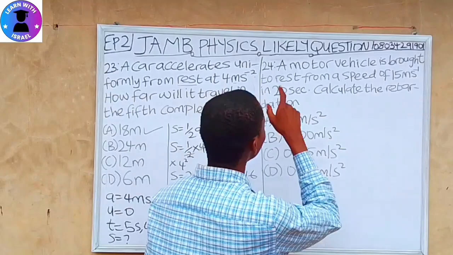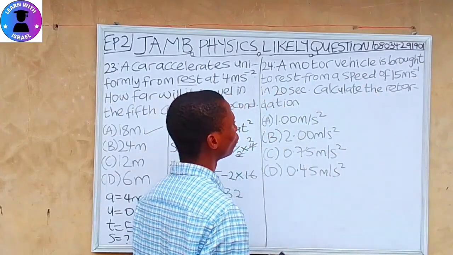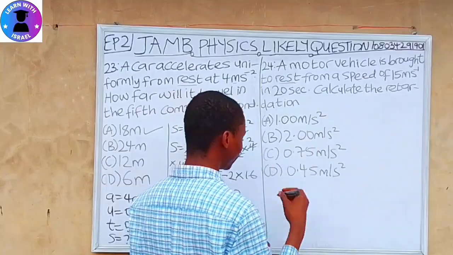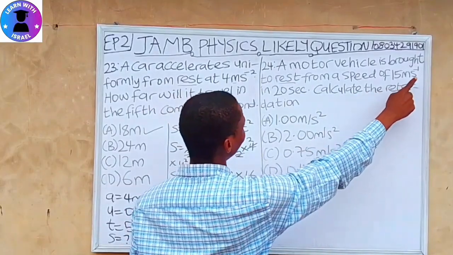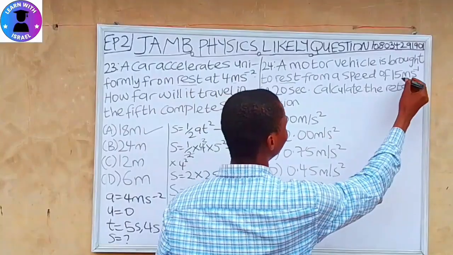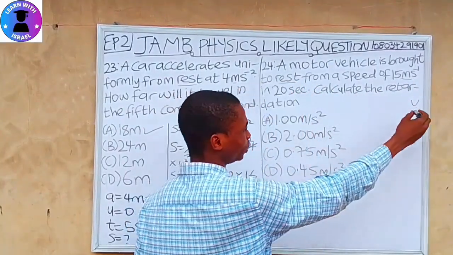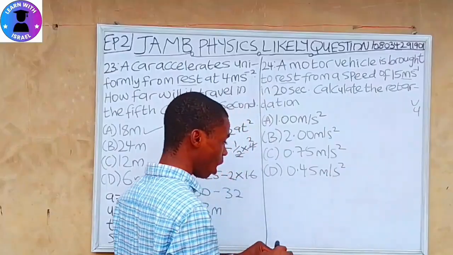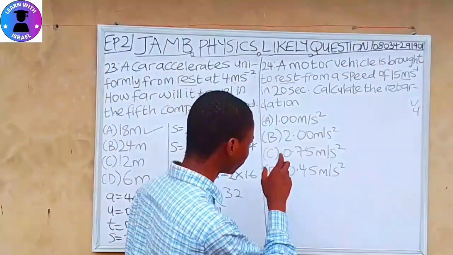Question 24. A motor vehicle is brought to rest. Note that. From a speed of 15 meters per second. So this is our final velocity, which is V, and this is our initial velocity, which is at rest, U, and our initial velocity is always 0 if it is starting from rest.